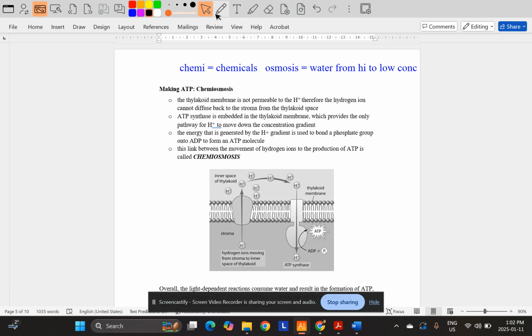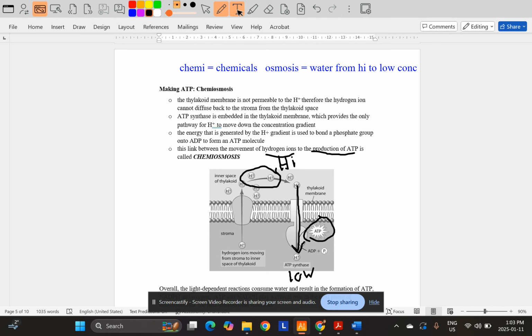Instead, we have hydrogen ions inside the thylakoid, high concentration, and outside in the stroma, low concentration, and so they move through the ATP synthase molecule, and boom, that makes some ATP energy. So this chemiosmosis is the production of ATP that is linked to the movement of hydrogen ions through the ATP synthase molecule. Okay, so we've done light dependent, and now we've talked about chemiosmosis.